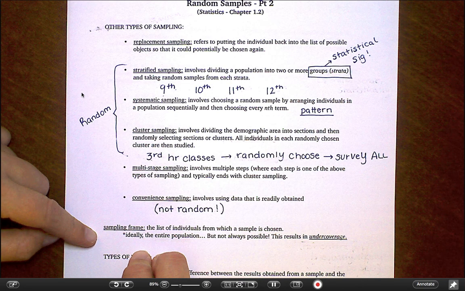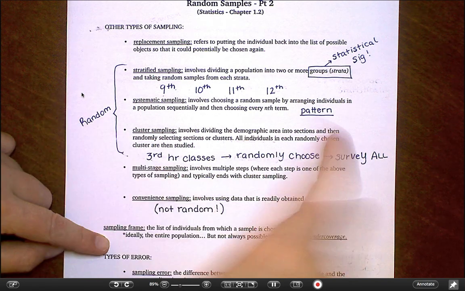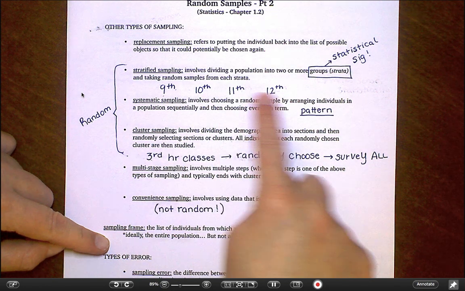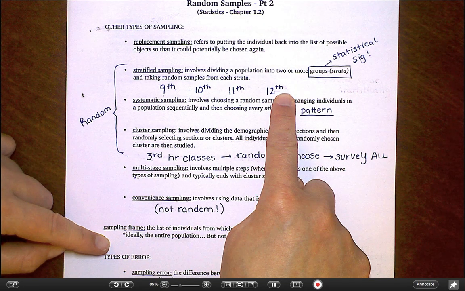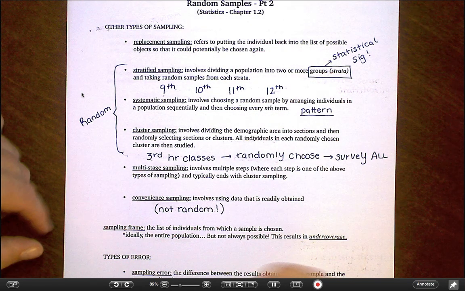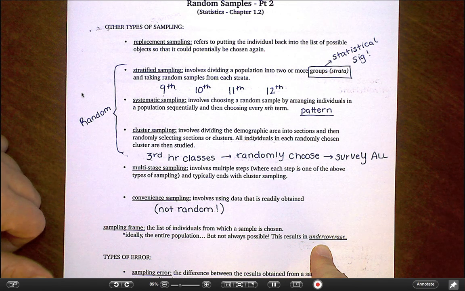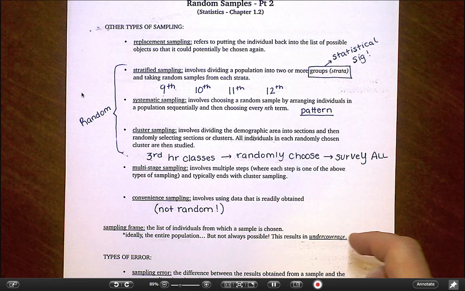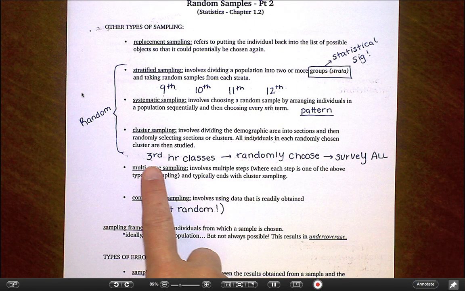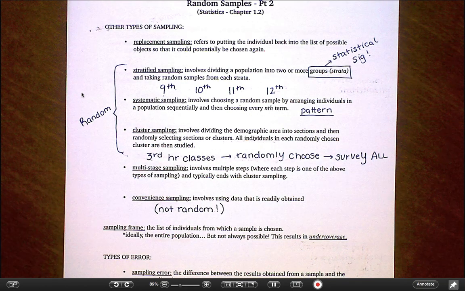Ideally, that list should include the entire population. So if I'm wanting my survey to represent the entire high school, I would want the entire population to be reflected on one of those 4 lists, okay? But if I'm working off of something that for some reason excludes some members of the population, I end up with a situation called undercoverage, okay? So for example, let's say that I go with this route and I do the cluster sampling and I choose 3rd hour classrooms and I randomly survey different classrooms and I get my data back and I'm happy with it.